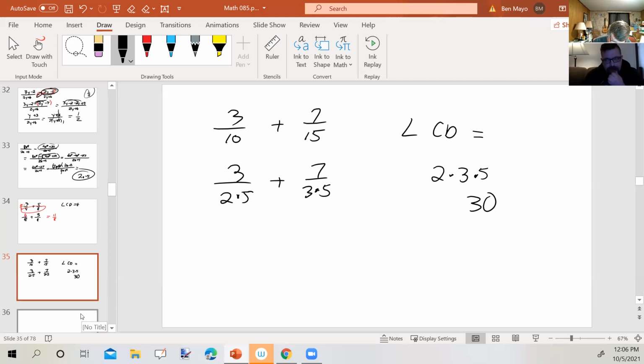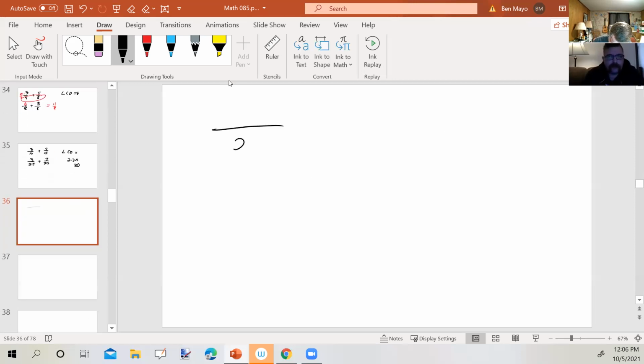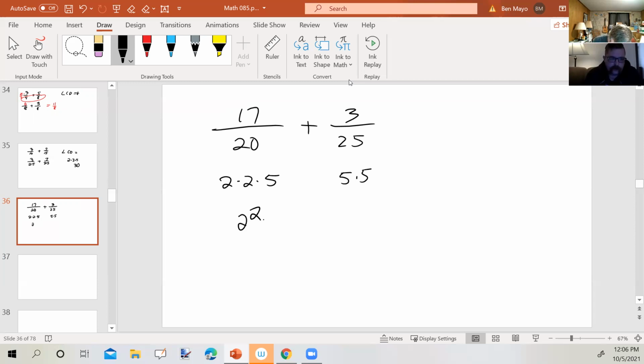Now, let's look at a different example. Let's say we've got 17 20ths and 3 25ths. Okay, so 20 is 2 times 2 times 5, and 25 is 5 times 5. Okay, so I've got 2 squared times 5 and 5 squared. Those are my denominators.